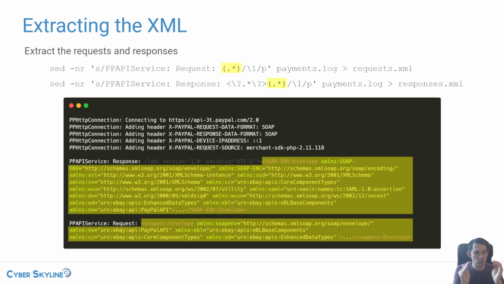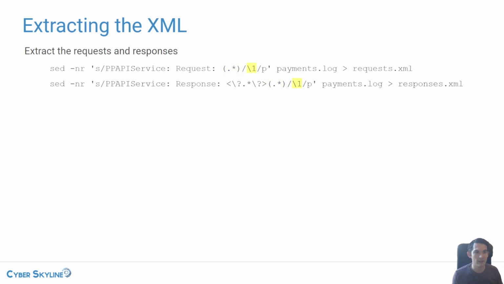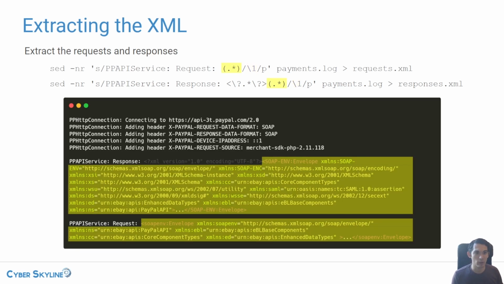The entire line we matched on, this PPAPI service response or PPAPI service request, is part of matching the line, but we don't want that. We want to remove that from our results. We just want what we have in our capture group. We only have a single capture group, so that's capture group number 1, and that's what that \1 indicates. So we're going to replace the entire line with just what is highlighted.